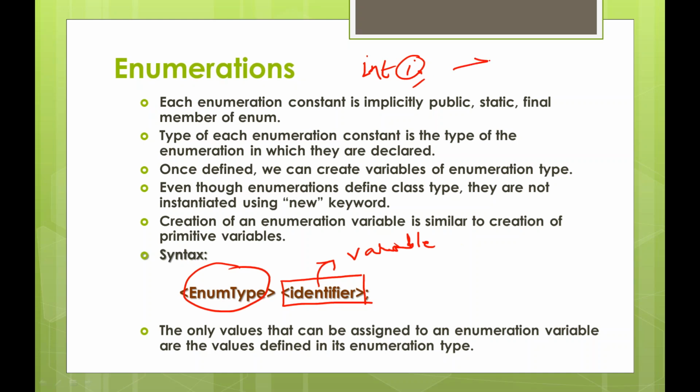Can you assign any value to this integer? We cannot. There is a specific range, and within the range only we have to assign. Even if you exceed the range, it gets converted to some other value, negative or otherwise. We have seen an example where we tried to exceed the value but got some other result, based on how it is defined. So we cannot assign any value to i apart from the range that you have specified.